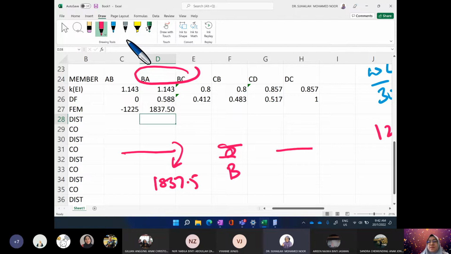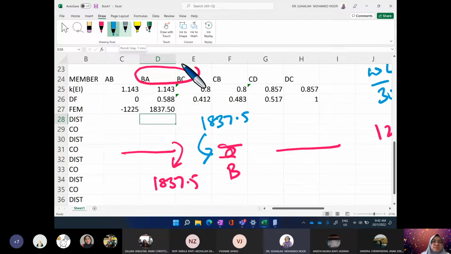1837.5. Here, there's no value. Okay, the concept is like this. There's no value. So the moment that we distribute is 1837.5. The value that we use to distribute, or to times with the distribution factor, is the negative value, not the positive value, because we distribute the joint moment.